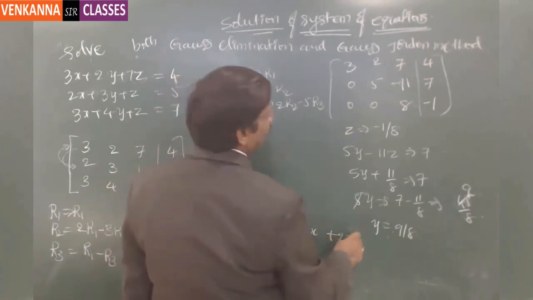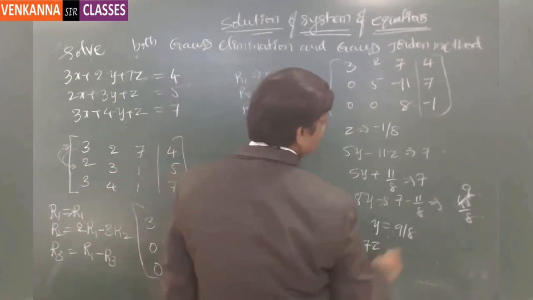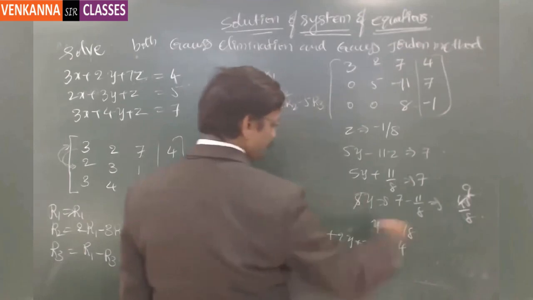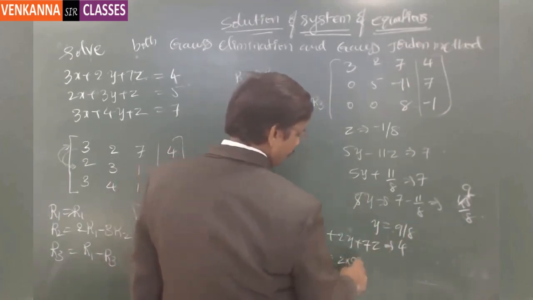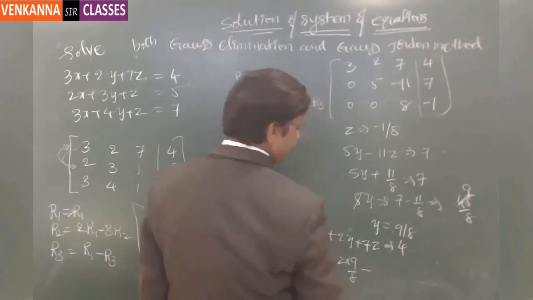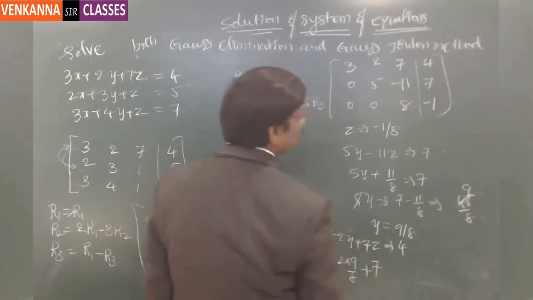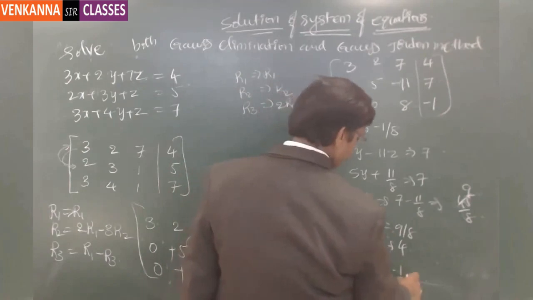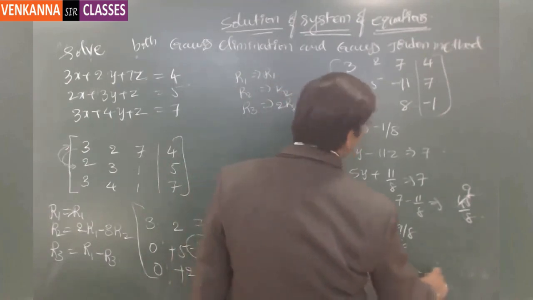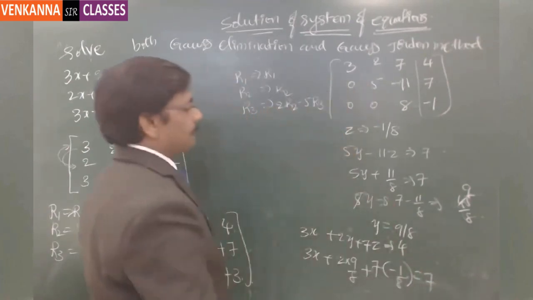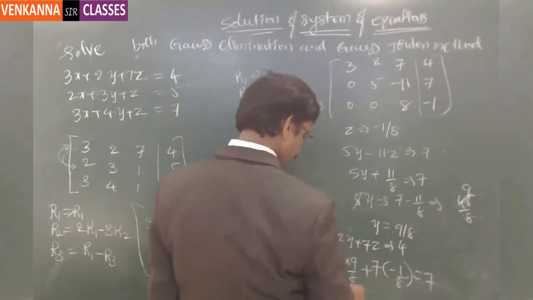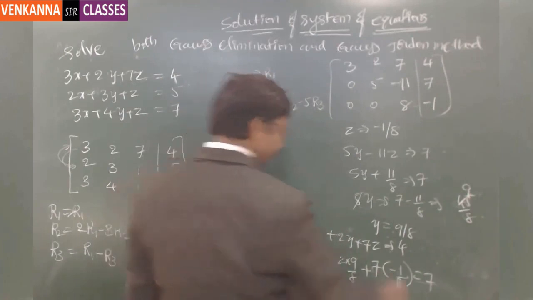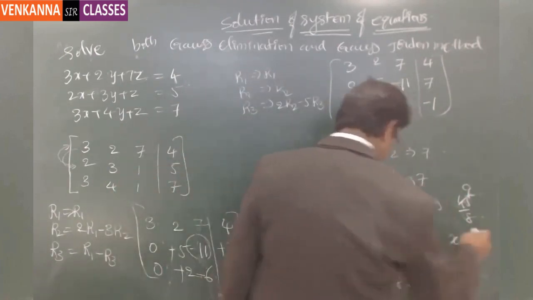3x plus 2y plus 7z is equal to 4. From this, 3x plus 2 times of 9 by 8 plus 7 times of minus 1 by 8 equal to 4. You can calculate this x value.